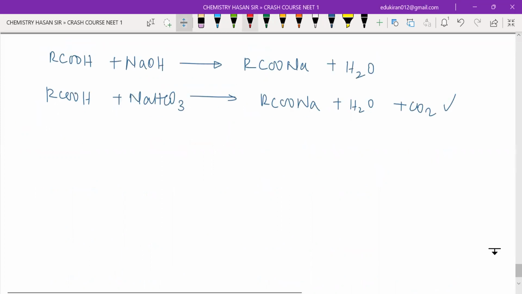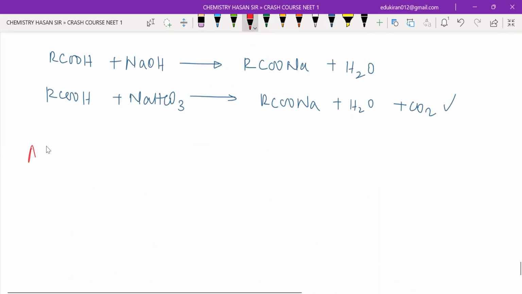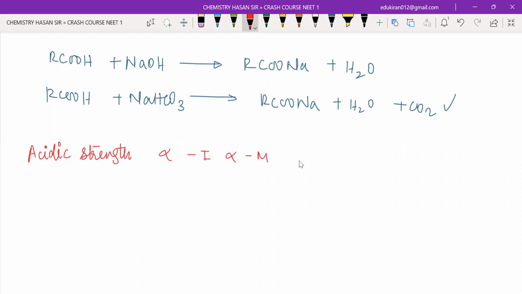Now see, acidic strength, as we already talked about in alcohol as well, is directly proportional to minus I and directly proportional to minus M, inversely proportional to plus I, and inversely proportional to plus M. So if I'm going to give you a question like this, please do write it.